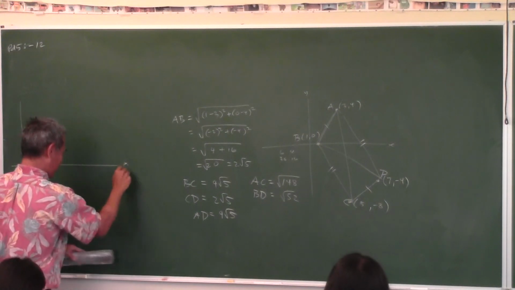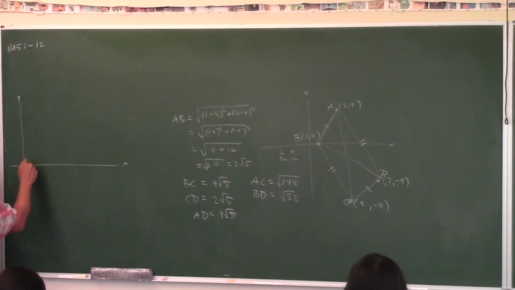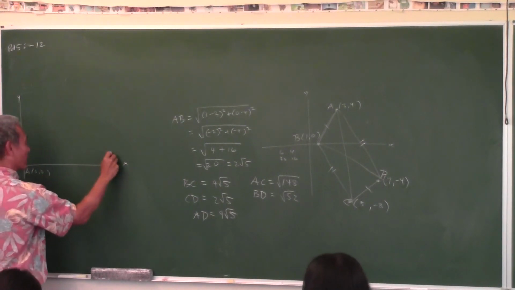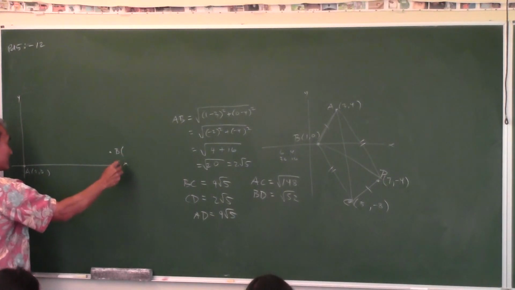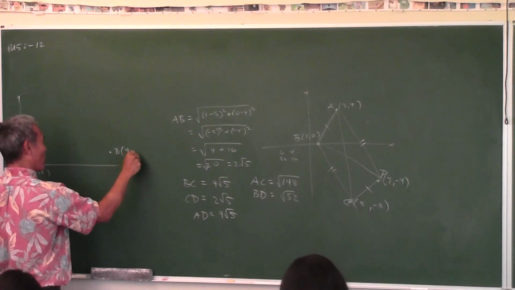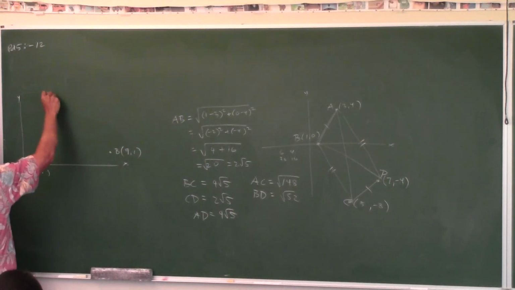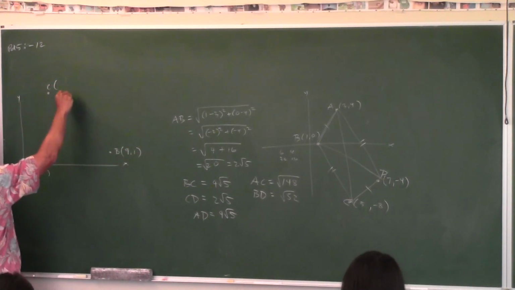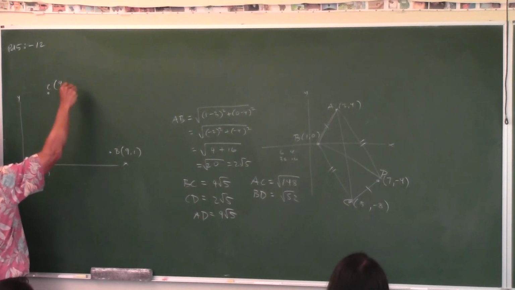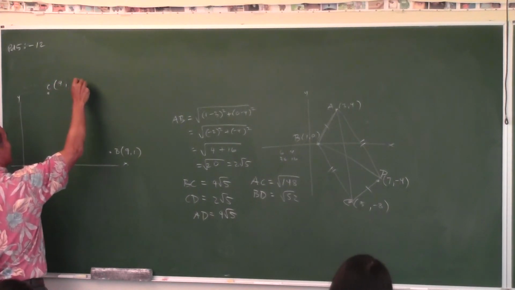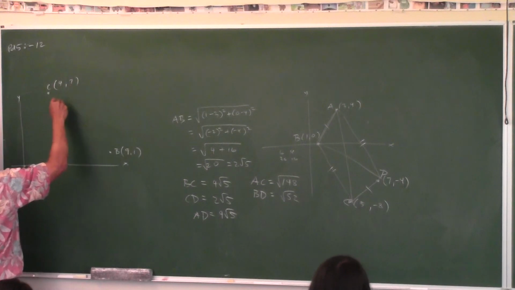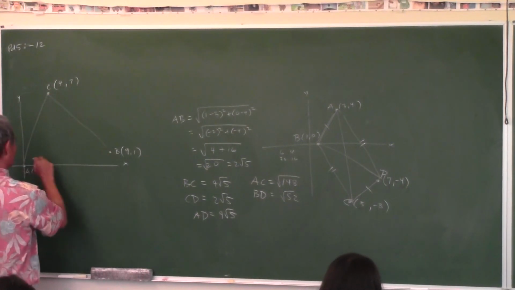In fact, just for the sake of simplicity, why don't we use the origin, 0, 0. Give me some coordinates. 9, 1 then. And then give me a coordinate over here somewhere. 4, 6. Okay, let's put 7. These 3 points form a triangle.